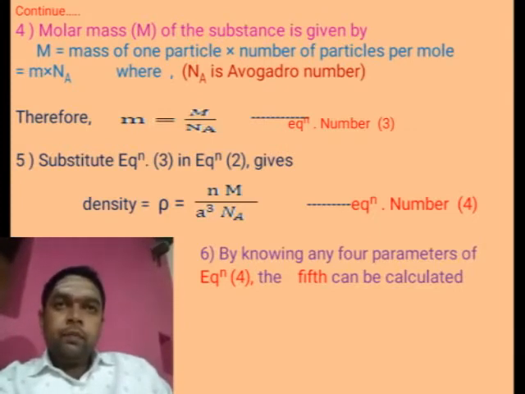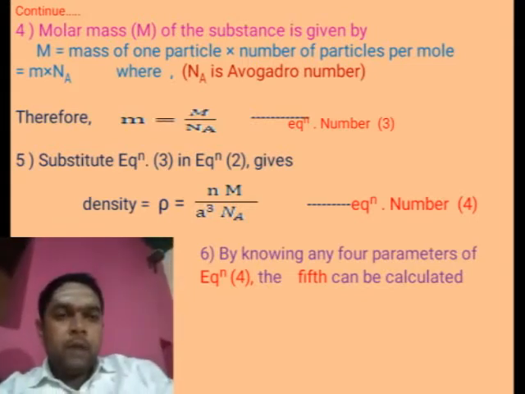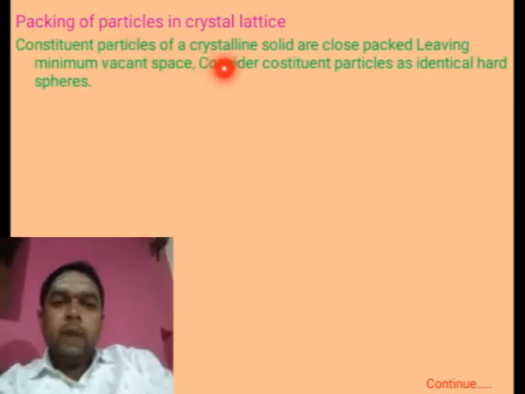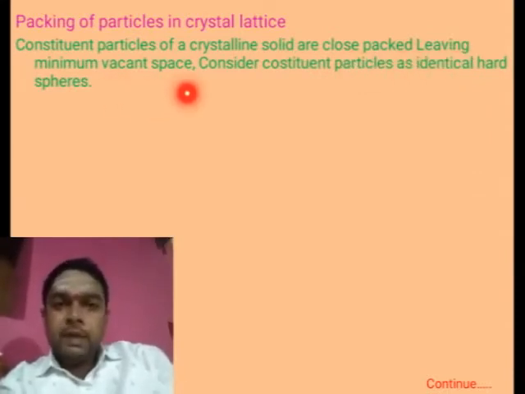Then next part, packing efficiency. There are different packing efficiencies. The packing of the particles in a crystal lattice: the constituent particles of the crystalline solid are close packed, leaving minimum vacant space.